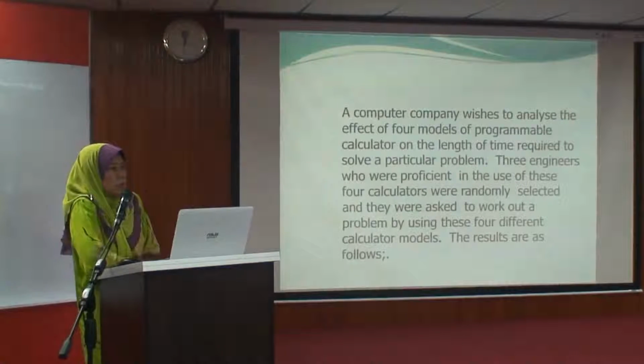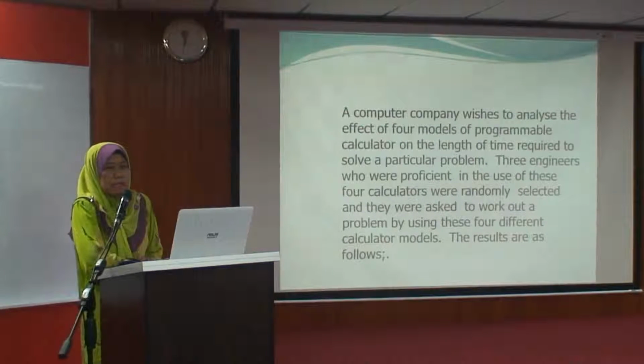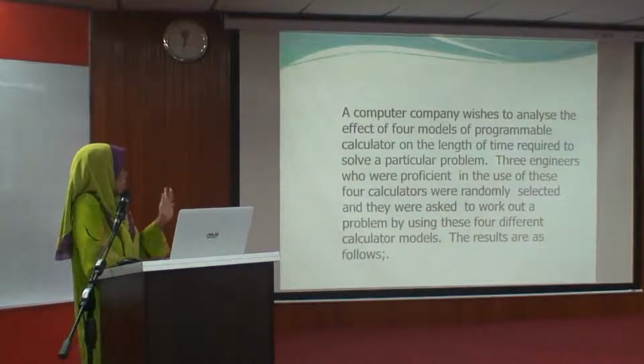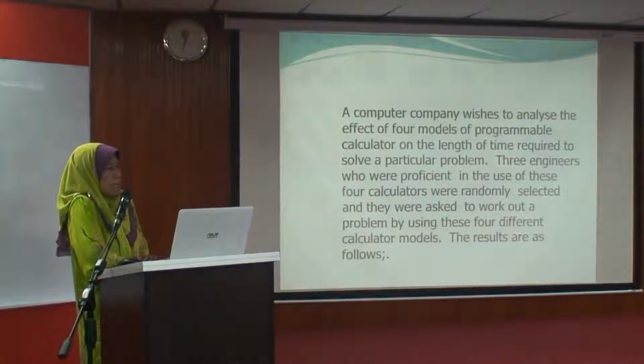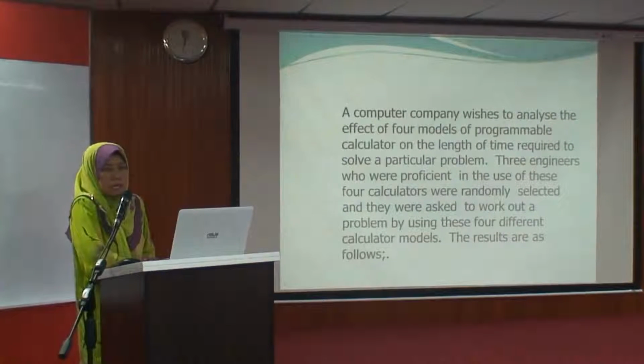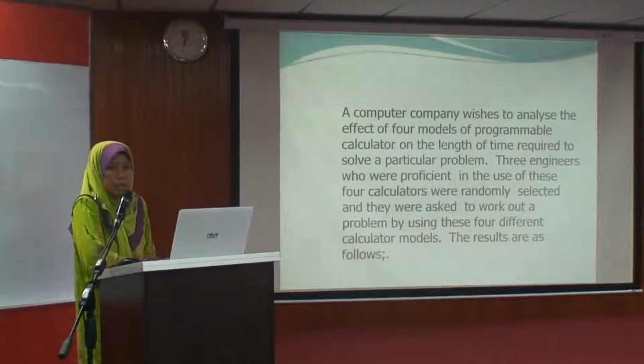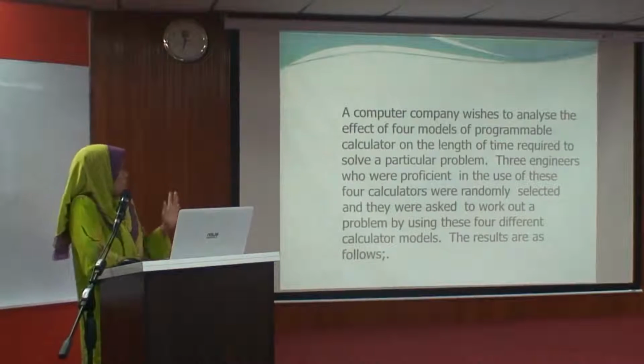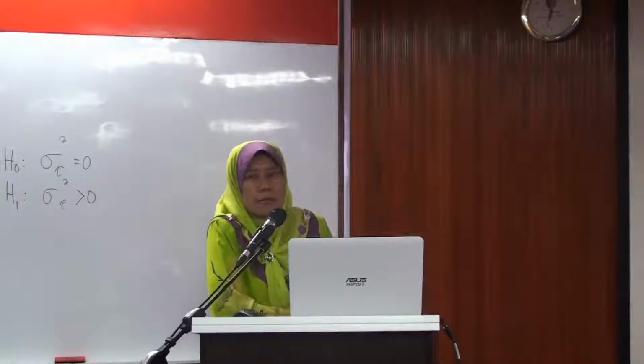Then you want to identify whether this is a completely randomized design or a completely randomized block design. Okay, so here you already know what the treatment is. Then you try to find out, is there any extraneous factor that will impact the experimental result? Then you look at this: who is going to use this calculator?